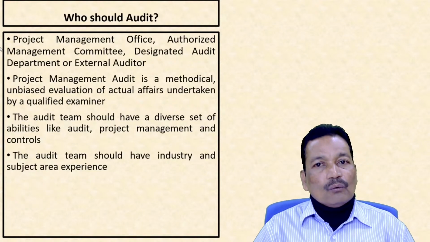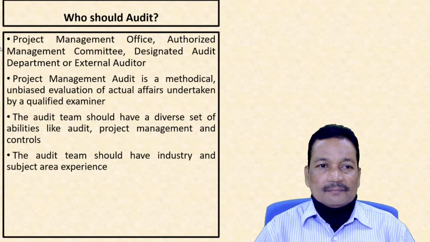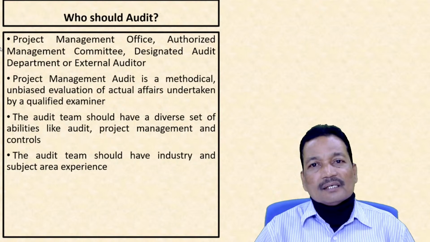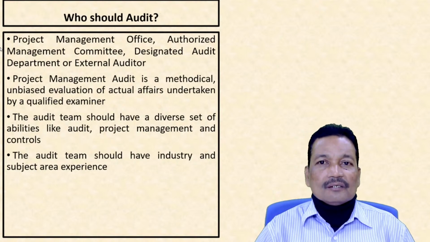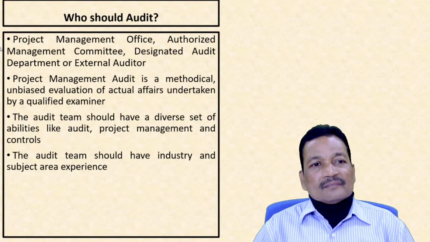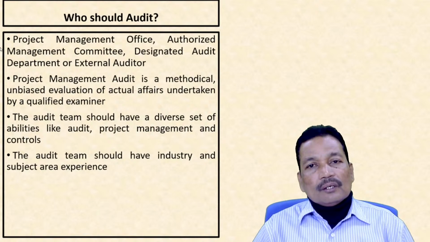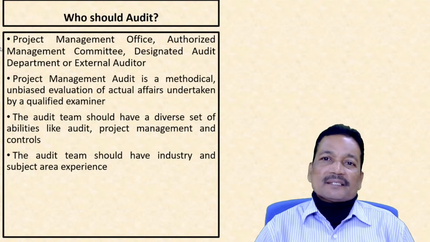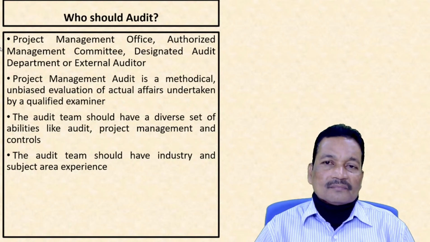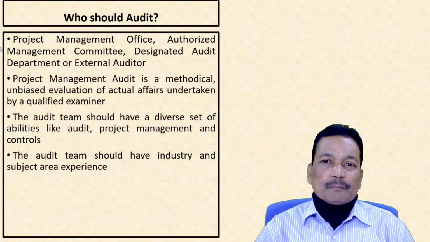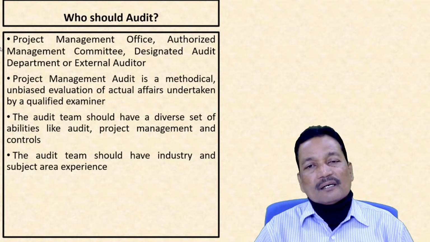Now, who will carry out the audit? Now, whenever we talk of audit, it is usually the external party or the third party that will be carrying out the audit. So, in an organization, if you are having a project management office, this will be having under its ambit various kind of projects that is going on.